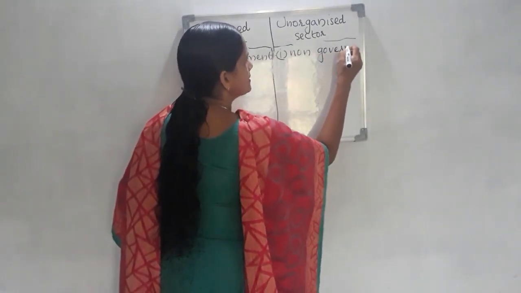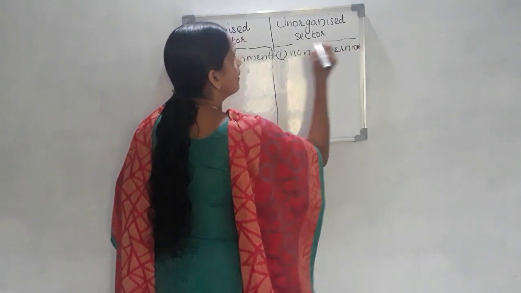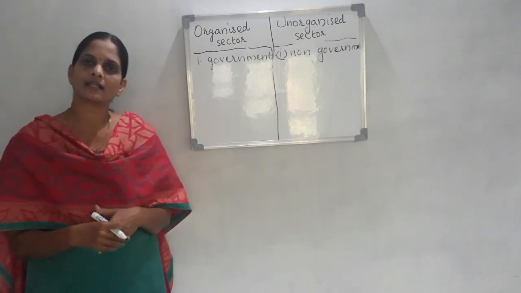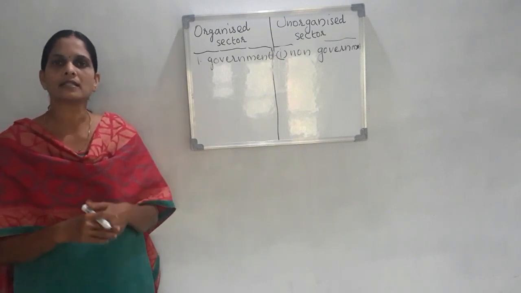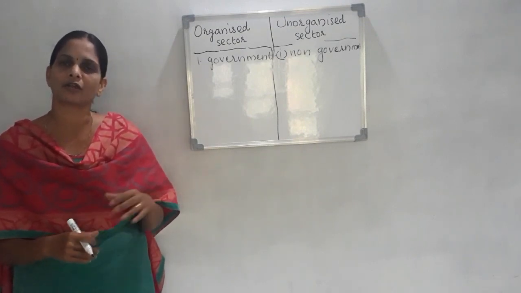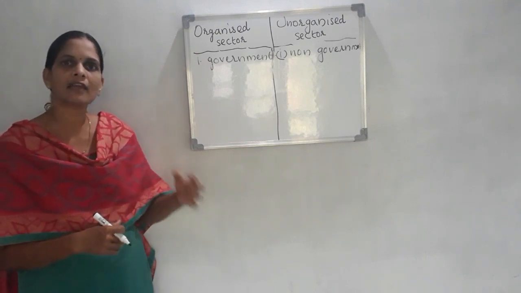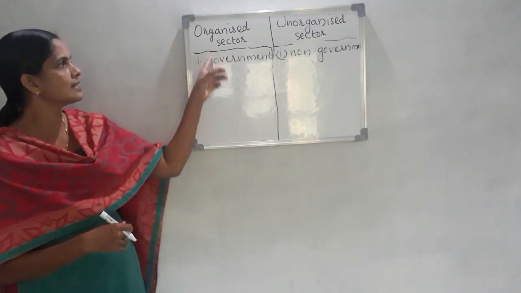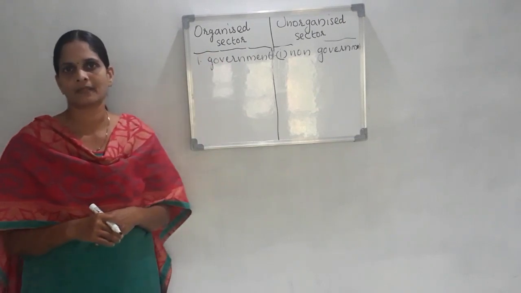Non-governmental sector means they are away from governmental control. They make their own rules and regulations, or there are some rules and regulations that are not often followed. They are away from government control, so they are called the unorganized sector.